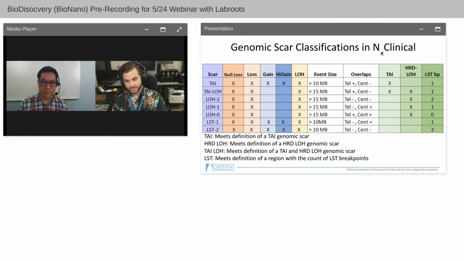And the LSTs that are present will be counted as they're present and excluded if they need to be, and counted once if they're shared, like in the former slide you saw can happen. As we look towards the right side, the green section is sorting out the integers, whereas on the left you see the many iterations or permutations that the scar classifications can exist.